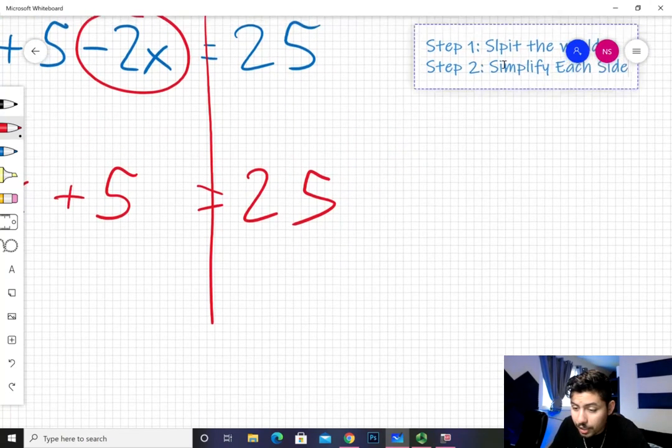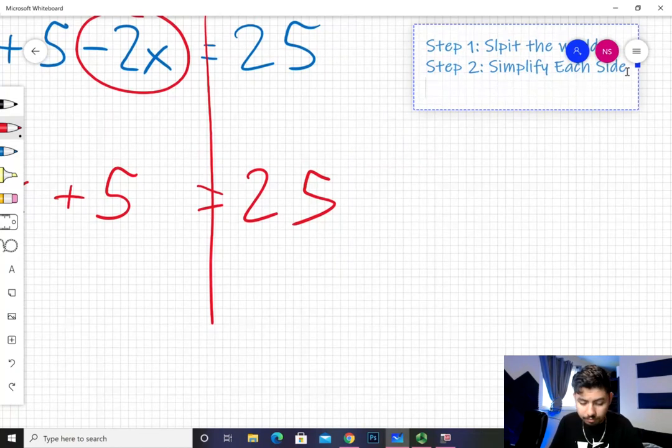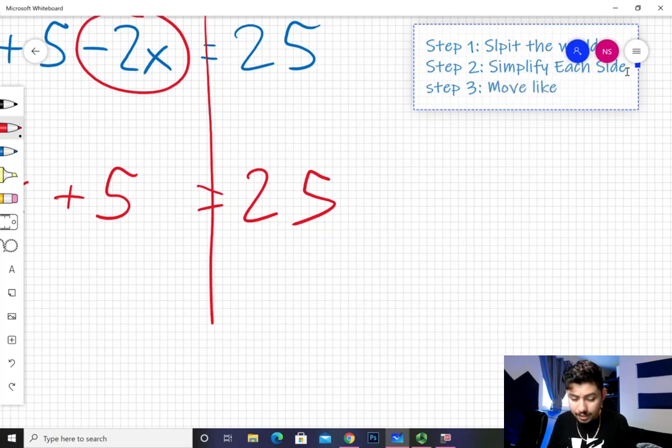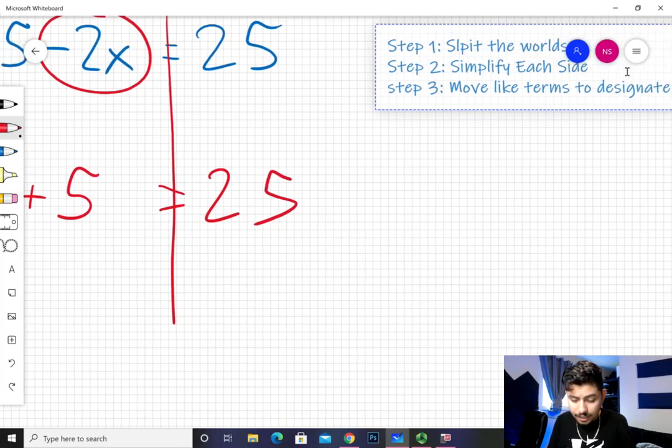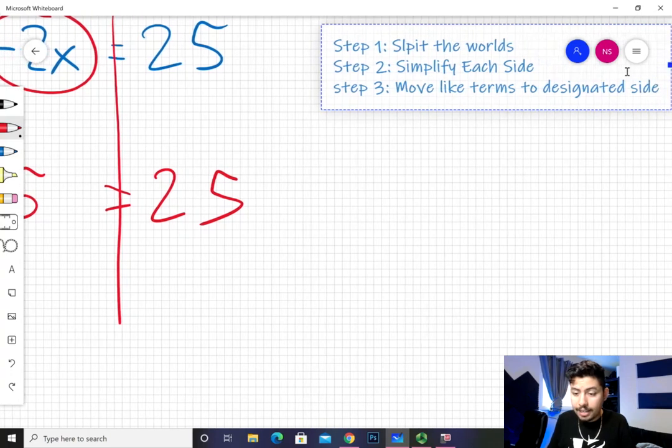So step number 3, my friend, is move like terms to designated side.